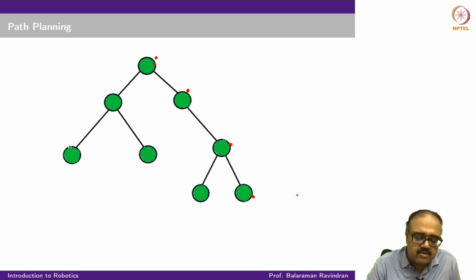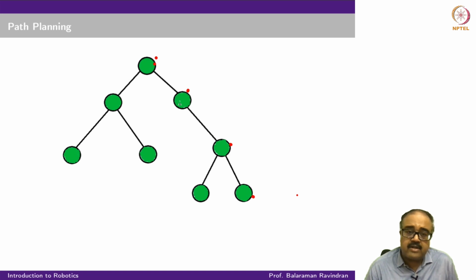Depth first search would go in this order. So this node will be marked as visited only after this node is completed. In fact, this node will be marked as visited only after this node is completed.